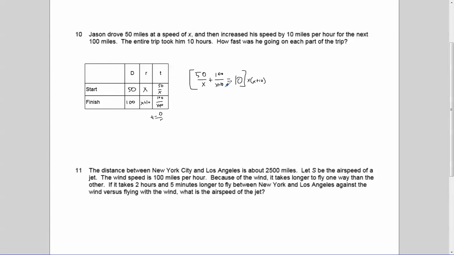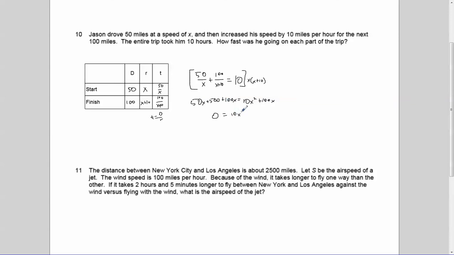Multiplying by x times x plus 10, we get 50x plus 500 plus 100x is equal to 10x squared plus 100x. So I'll move everything to the same side.